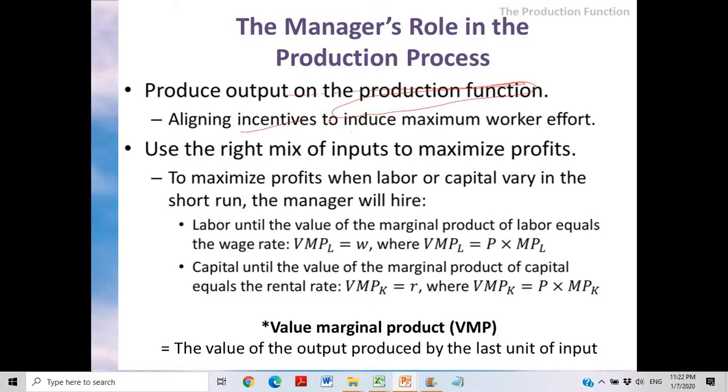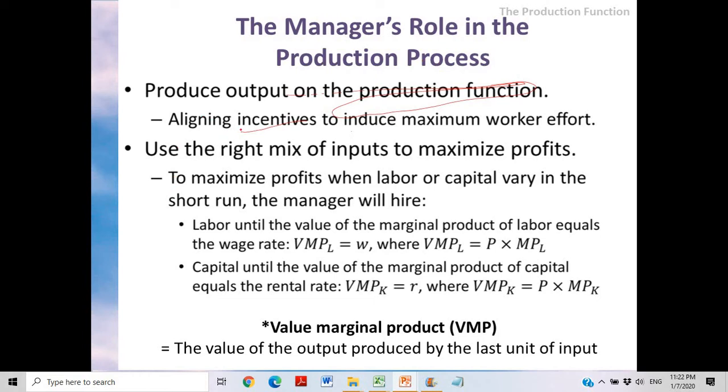The incentive should induce them to produce more. This is related to motivation, leadership, and incentive. This is why in an organization we normally have KPIs, for example, to make sure that the workers are producing at the level that will help the company achieve its target, its objective.